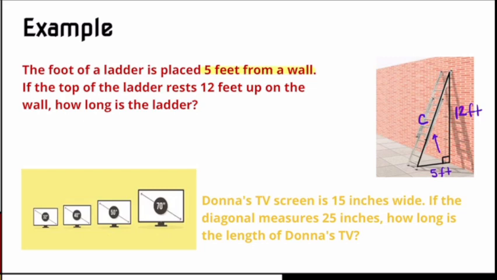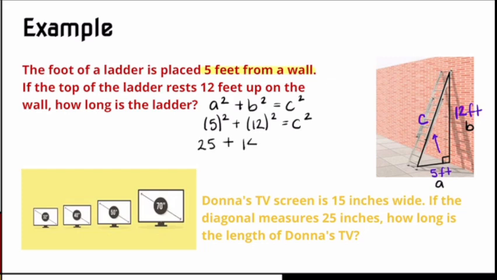Okay. So let's use Pythagorean theorem. A squared plus B squared equals C squared. We know we're trying to find C, which means that 5 and 12 are going to be A and B. So plug in 5 and 12 for A and B and leave C alone. Remember, 5 squared is not 5 times 2. It is 5 times 5, okay? So 5 squared is 25. 12 squared is 144.